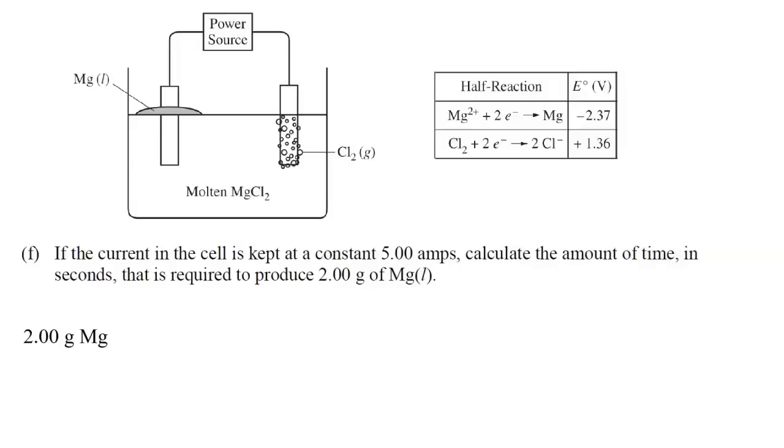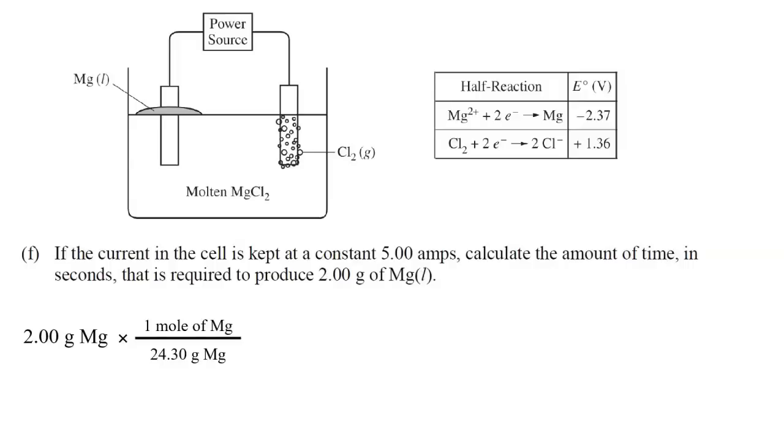Then I will use the Faraday constant to go from moles of electrons to coulombs. And then finally, the fact that it's 5.00 amps, that's 5.00 coulombs per second, I will use that information to go from coulombs to seconds. Again, pay attention to your numbers and your units, and that way you can make sure that you put the numbers in the right spot so that the units will cancel out.